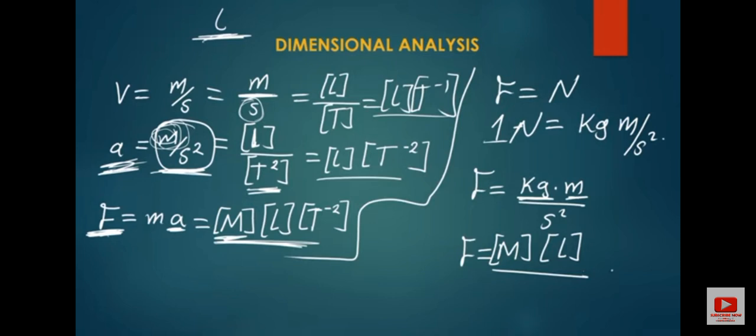If you know the formula, at least between the two, you should know something between the units and the formula. Then t to the power 2, this seconds to the power 2, seconds measures what? Time. So time to the power 2. So there's a 2 there. So this can further be written as m, and then we have L, then t to the power -2. All right, so this is how simple these things are.